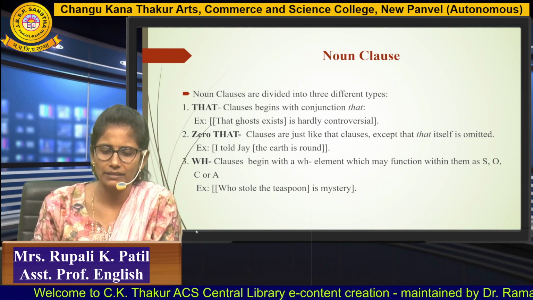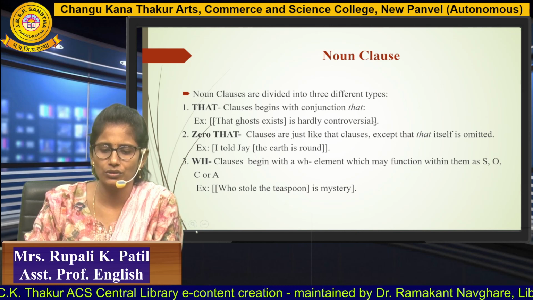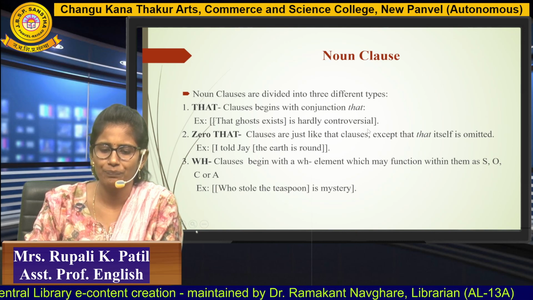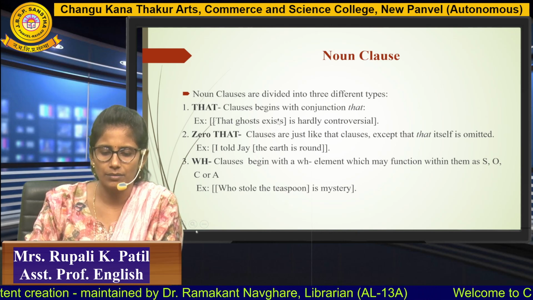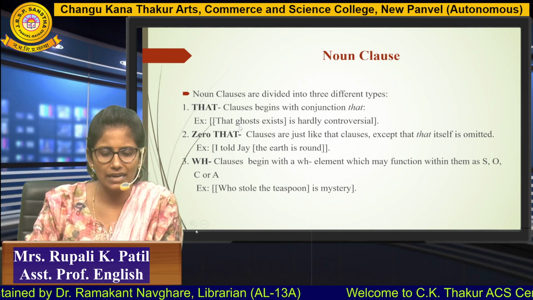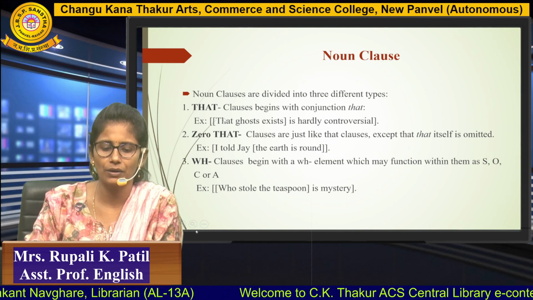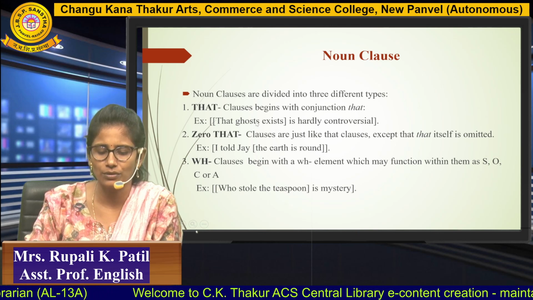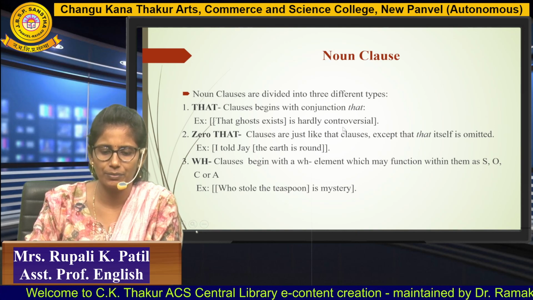I have already marked the main clause and subordinate clause. This bracketing has been used to show the clauses. This is the main clause from start to end, and there is the subordinate clause, marked in a different bracket, which started with the conjunction that. That is why we say it is a that noun clause, because it is functioning as a subject in a main clause. That ghosts exist is a subject, is is a predicator, hardly controversial is an adverbial.